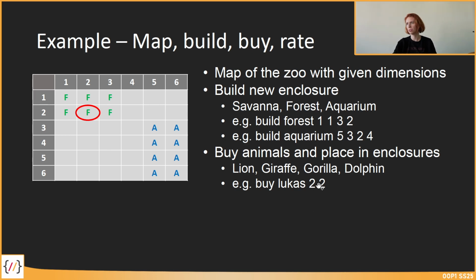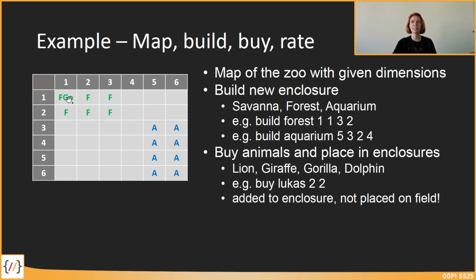So with this 2, 2, I would specify that I want to place this, I think it's a gorilla, in this enclosure. But the actual placement, or how it is displayed in the output, would put the gorilla on the first field. So it's added to the enclosure, and then all animals that are placed in this enclosure are listed from left to right and top to bottom. It does not matter where in the enclosure they were originally placed.